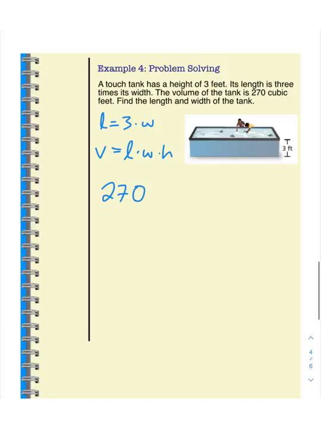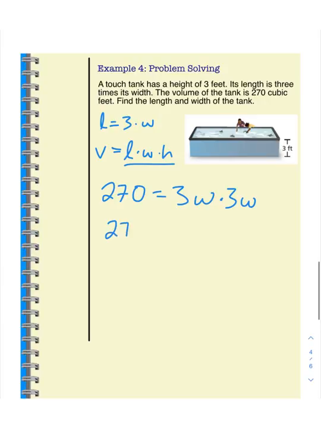Find the length and width of the tank. Okay, so it gives us the height is 3. So I know I can already plug in one of those 3 variables. Height is 3. I'm going to use width. And then because I know what length is in regards to width, I'm going to plug in 3 times w for length. So this is times 3w.